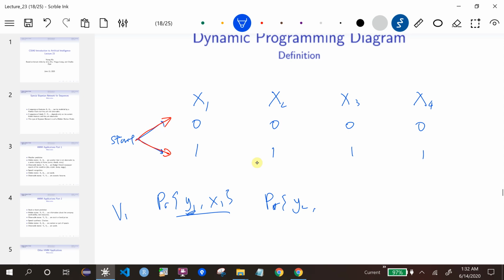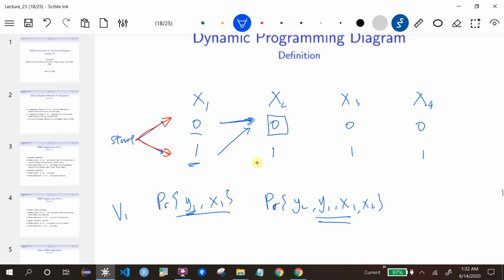Next, we're going to figure out the probability of y2, y1, x1, and x2. Here, we already know these probabilities. So what we only need to add is whether we want to go from x1 being 0 state or x1 being 1 state to x2 being state 0. Suppose we want to figure out the probability here.